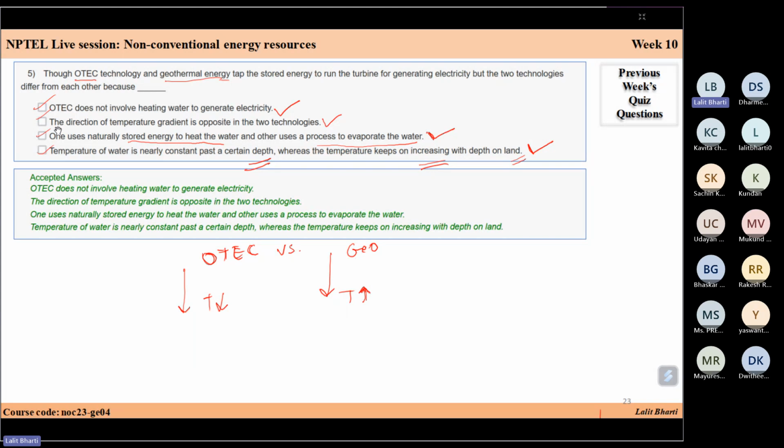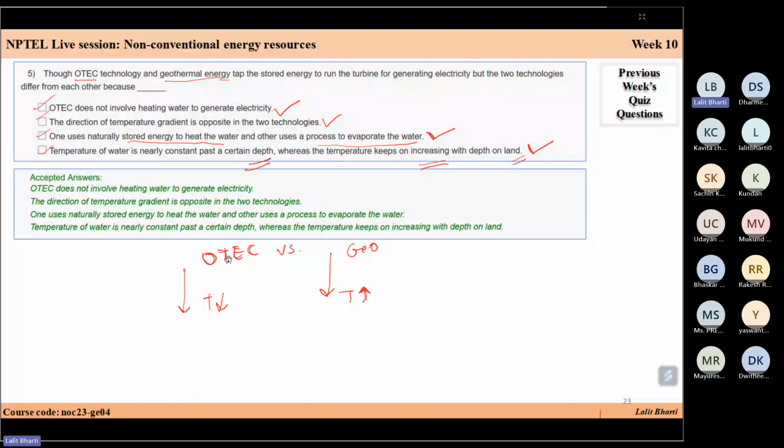The second option is the direction of temperature gradient is opposite in the two technologies. Yes, in geothermal, we have high temperatures at depth and low temperatures at the surface. Let's say you have more than 100 degrees Celsius below the Earth's surface, and at the surface, you have room temperature, or let's say around 20 degrees Celsius.